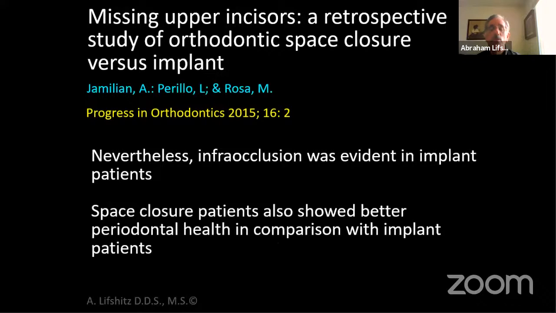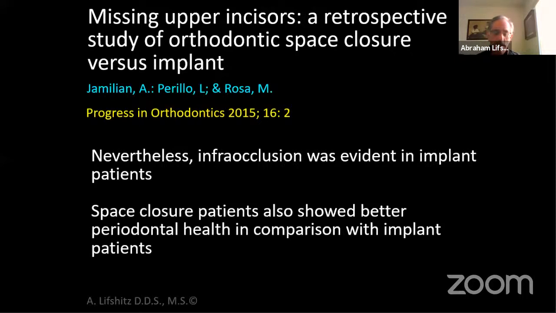However, infraocclusion was evident in the implant patients. And space closure patients also showed better periodontal health in comparison to implant patients. So yes, they're successful, but there are some issues with implants.